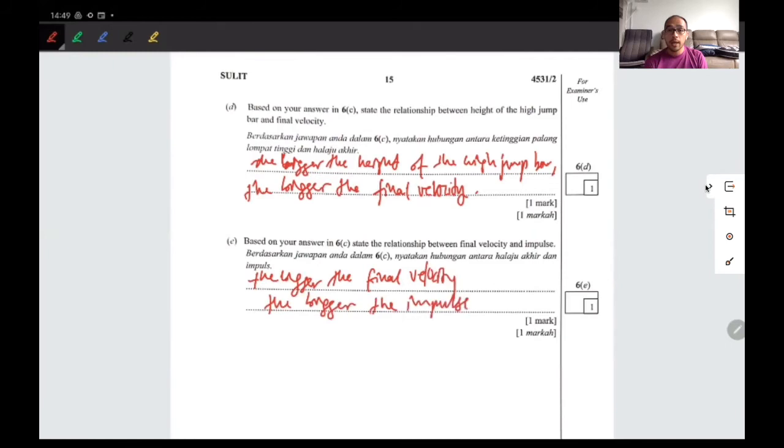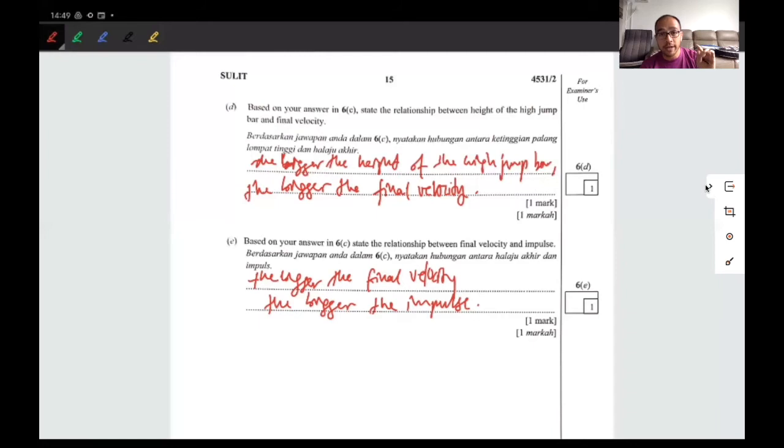Also, as a reminder, I've mentioned this before. Whenever you're writing a relationship, always pause for a while to think about whether it makes sense. What affects what? The final velocity affects the impulse, correct. Impulse affects the velocity is wrong. So you cannot write the bigger the impulse, the bigger the final velocity. The final velocity determines the impulse.